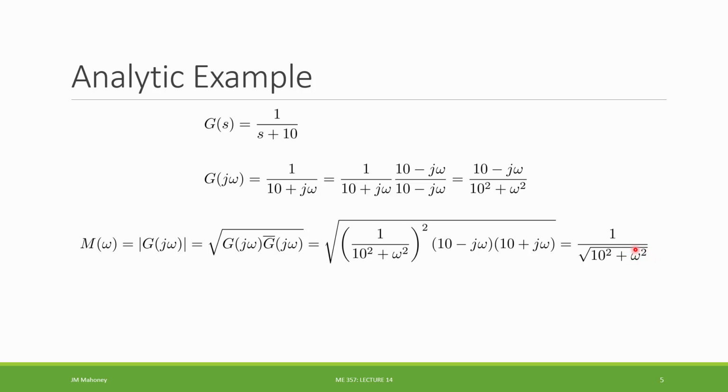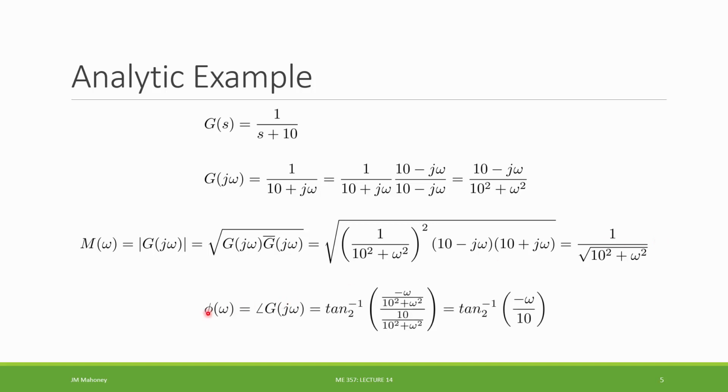So now analytically, we have the magnitude as a function of ω. We're going to put that aside for a moment. We want to find the phase. By definition, that phase φ is the angle of G(jω). Now, how do we find the angle of a value here?